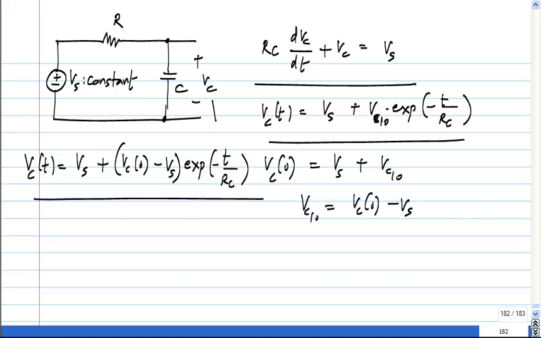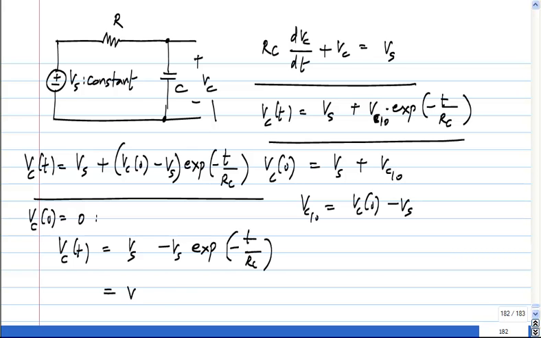Okay. Now, probably the case that you are most familiar with is when the capacitor starts from a discharged state, when Vc of 0 is equal to 0. What's the solution to that? So, Vc of t will be Vs minus Vs exponential minus t by Rc.